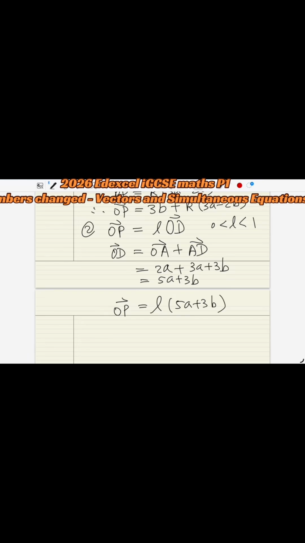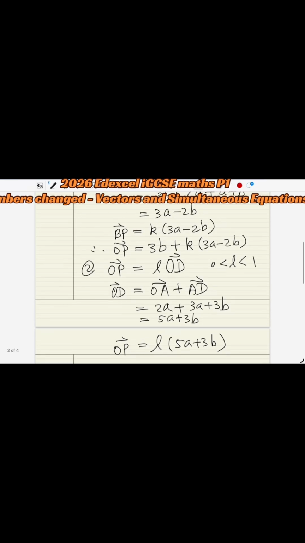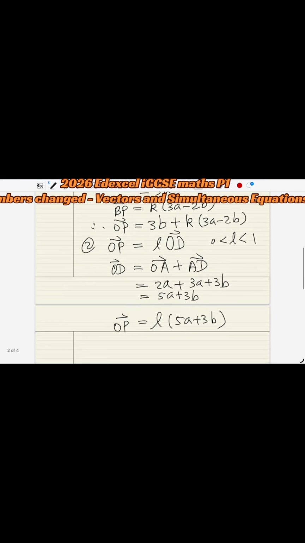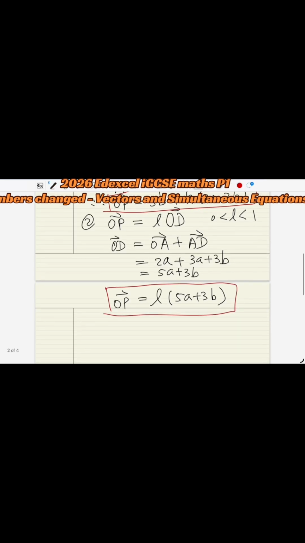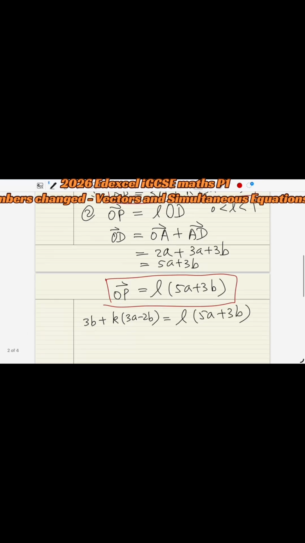Now we have OP from two different paths. One path gives us this OP, another path gives us this OP. Therefore, we can equate them because they're exactly the same vector. So we have 3b plus k times (3a minus 2b) equals l times (5a plus 3b).